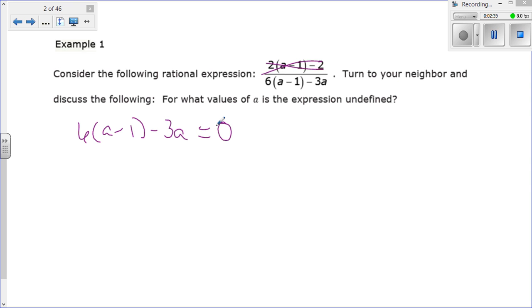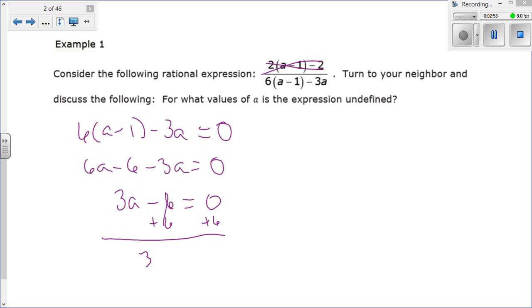So if I distribute my 6, I'll have 6a minus 6 minus 3a equals 0. 6a minus 3a is 3a when I combine my terms, minus 6 equals 0. Add 6 to both sides. So 3a equals 6.